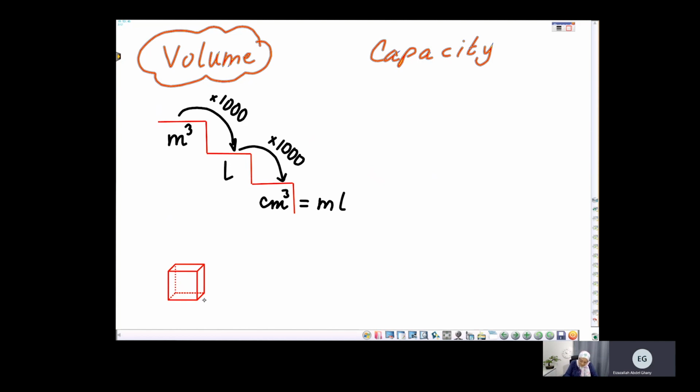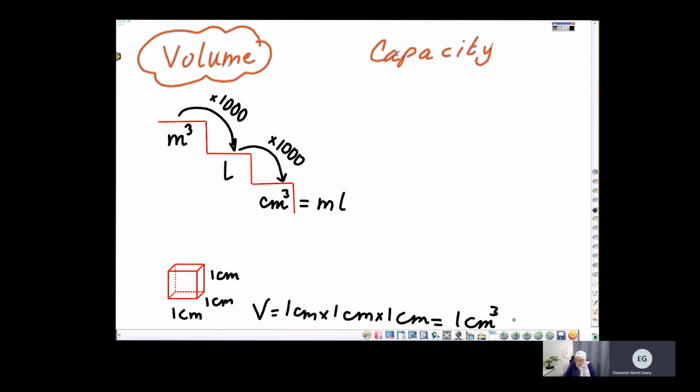This box is 1 centimeter length, 1 centimeter width, 1 centimeter height. Its volume is 1 centimeter multiplied by 1 centimeter multiplied by 1 centimeter. It will be 1 cubic centimeter. We can say, in other words, it is 1 milliliter.